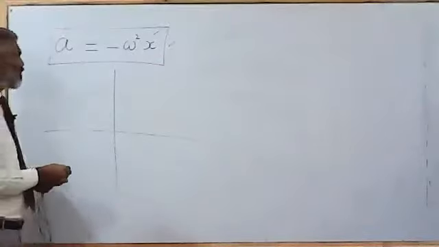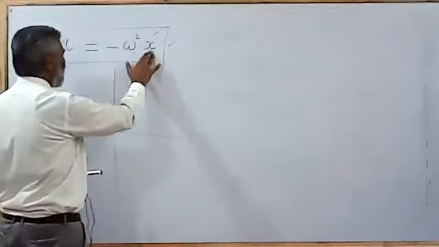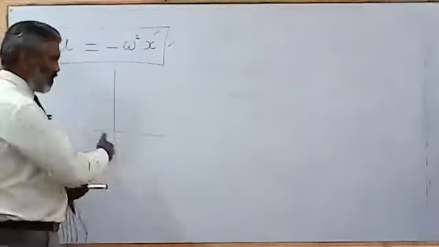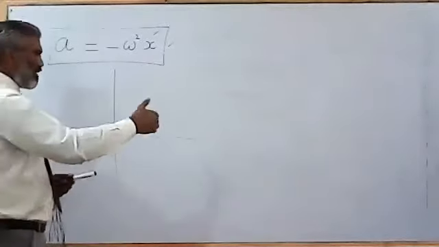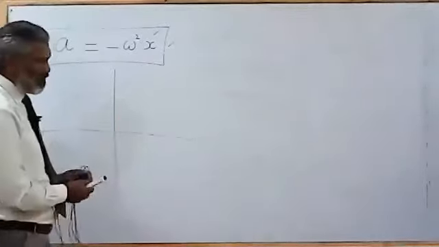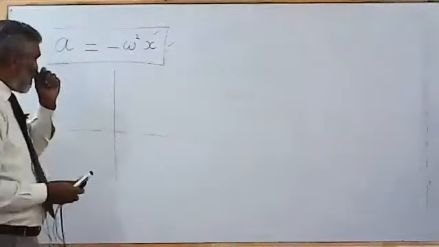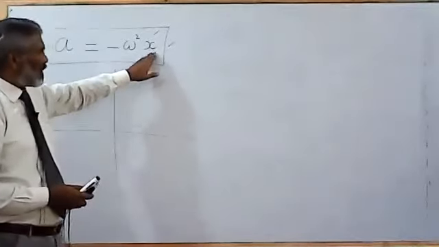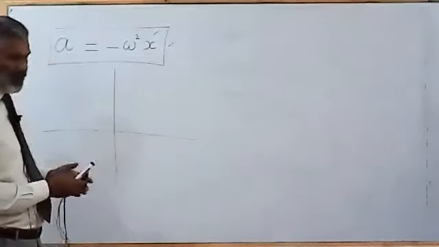We can see from this equation that with different values of x, we have different values of acceleration at different positions during the oscillation. As the object has larger displacement from the mean position, the value of acceleration is increasing. So that means it is possible to draw a graph between the values of displacement and the resulting acceleration from it.